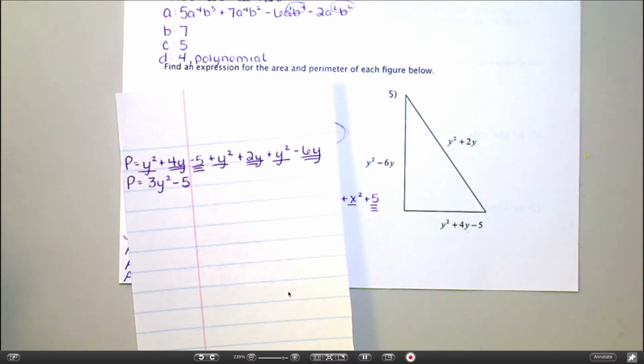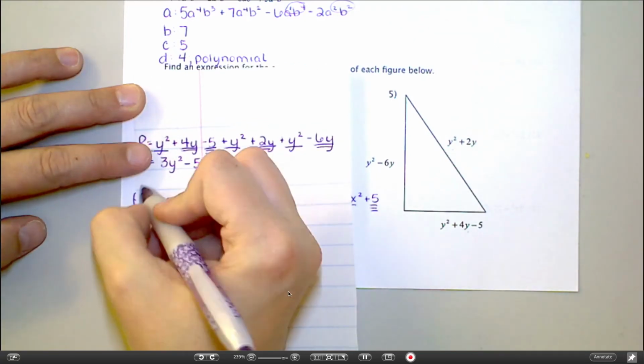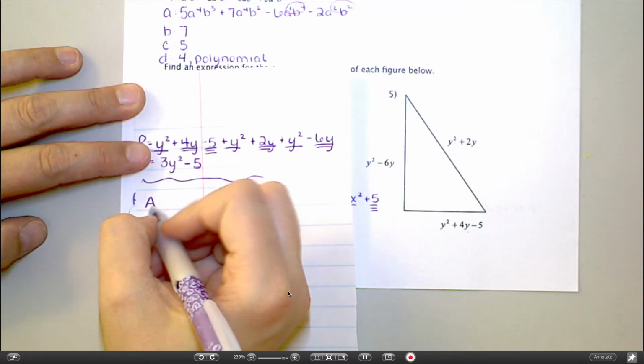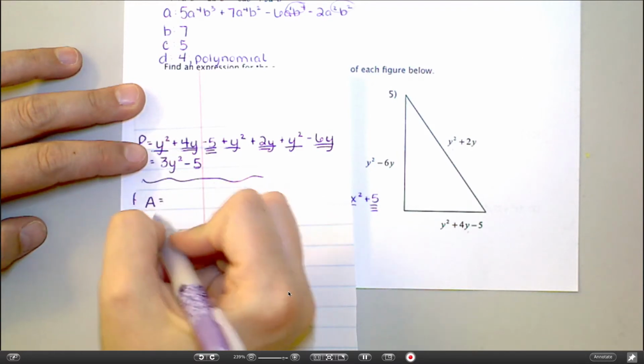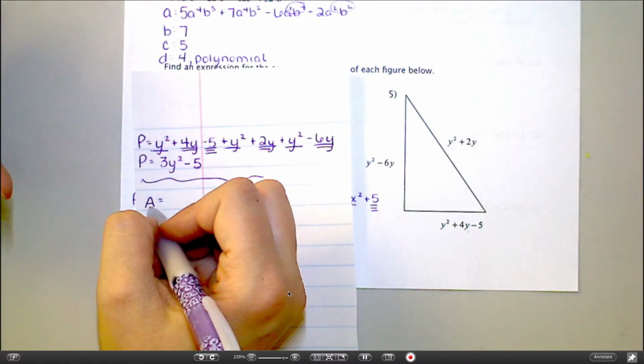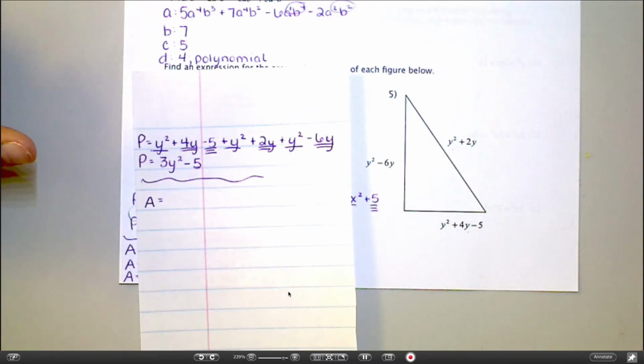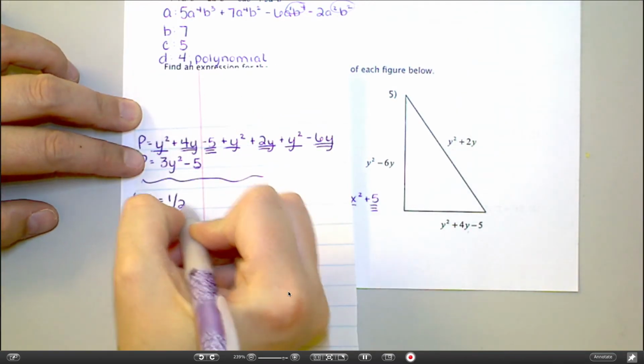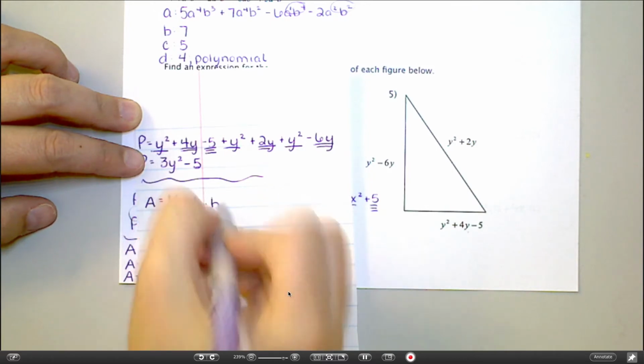Okay. Now let's talk area. How do I find area of a triangle? Not quite. Okay, so it's base times height, but then we have to divide by 2 or multiply by 1/2. The formula is 1/2 times base times height.